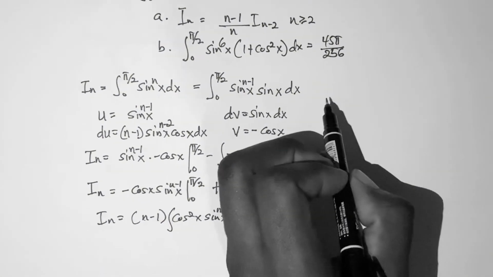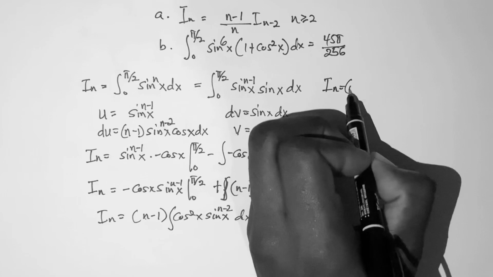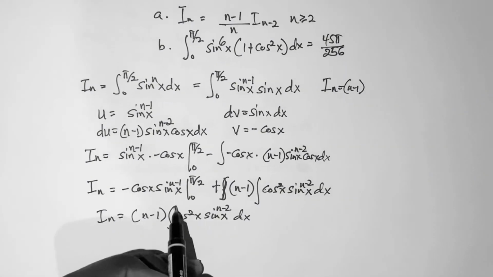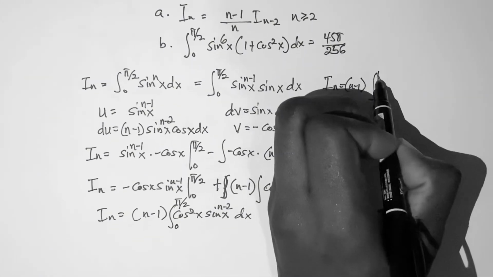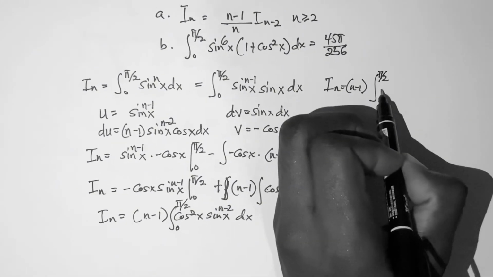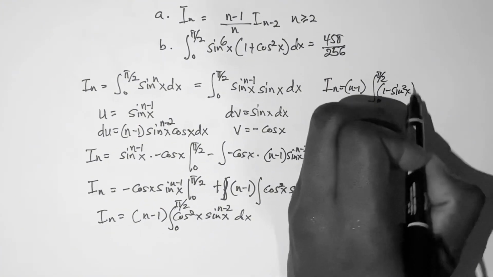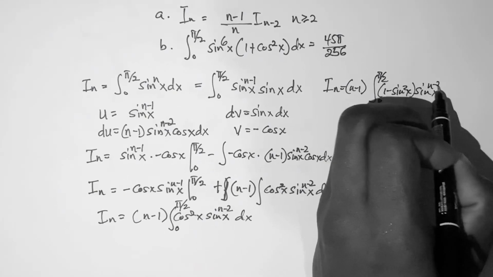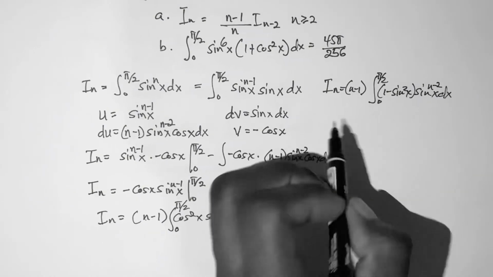So let's continue from here. I of n is equal to, into bracket n minus 1, the integral from 0 to pi on 2 of cos squared x, which is 1 minus sine squared x, times sine x exponent n minus 2 dx. Having written this, we can break this integral into 2.